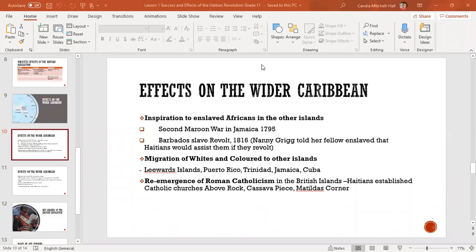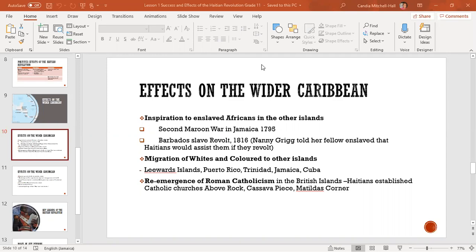And so if there's a re-emergence, as Julian said in the chat, the French were largely Roman Catholic. If the French move to the other islands, they're going to bring their Roman Catholic churches, or establish Roman Catholic churches, in the other islands.